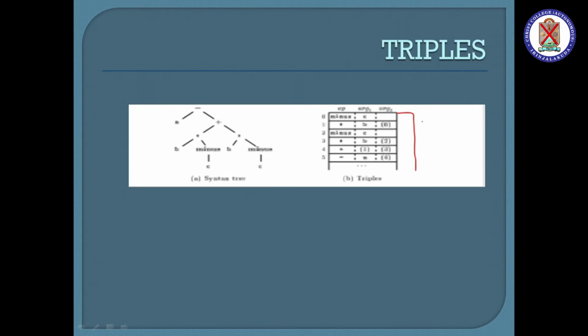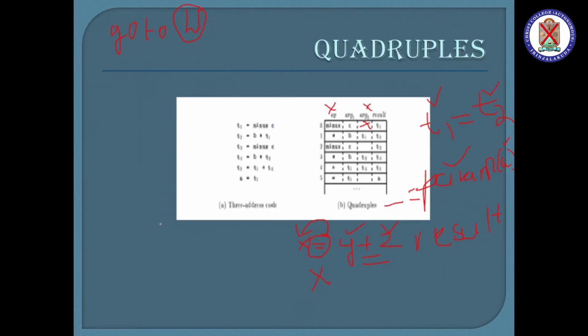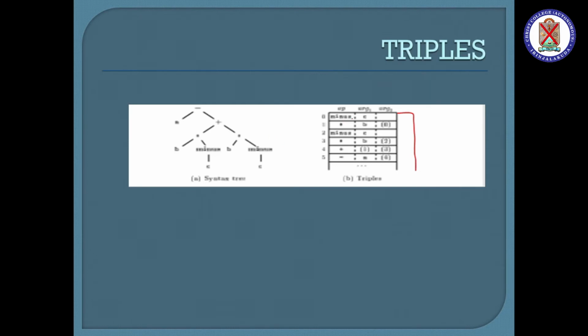So how can we get the result? Look at here, in the expression itself we are using t1 is equal to minus c and t2 is equal to b star t1. So we must get the result of t1. This result must be moved to here. The position of minus c is being used here, it is the 0th position.